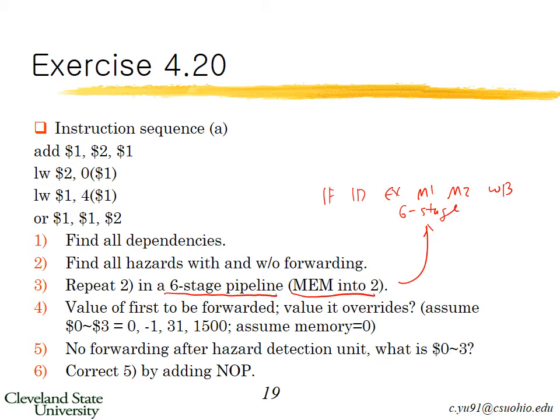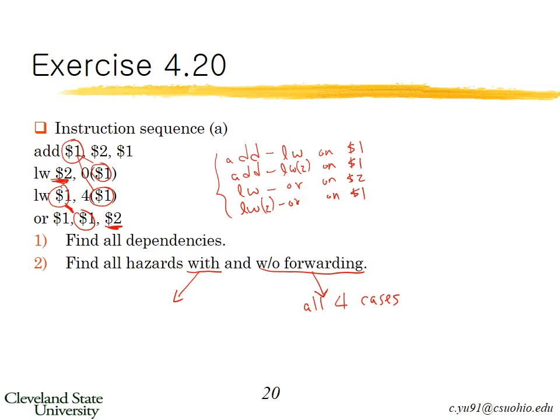As I mentioned earlier, a pipeline is not just 5 stages. Some architectures take a 2 stage pipeline. Some architectures take a 10 stage pipeline. So all the dependencies: the addition and load word instruction on register 1, the addition and second load word instruction on register 1, the load word instruction and an OR instruction on register 2, and the second load word instruction and OR instruction on register number 1.